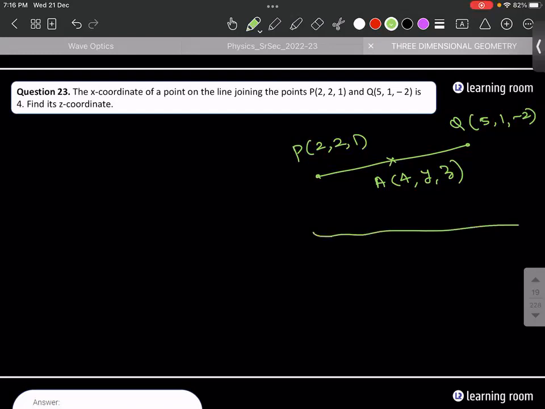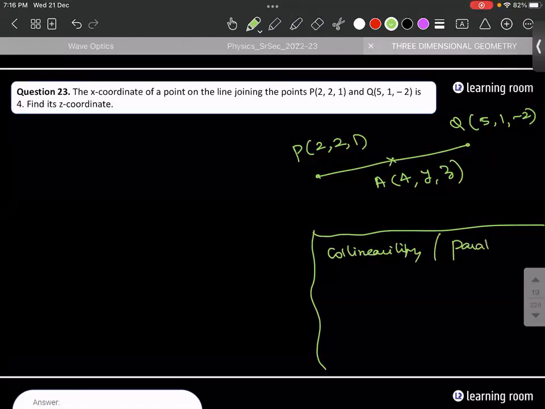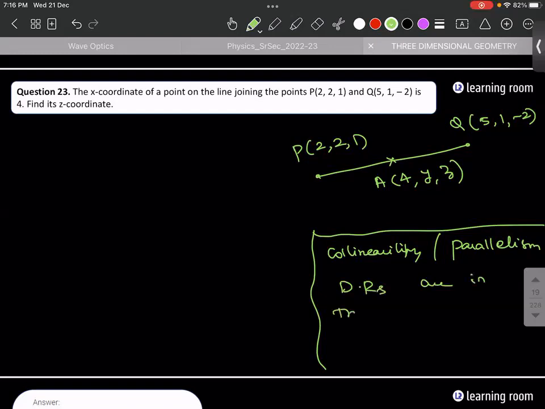So listen to this carefully. I want everybody to make a note of this. When I talk about collinearity or parallelism, direction ratios are in the same proportion, whereas direction cosines are exactly the same.